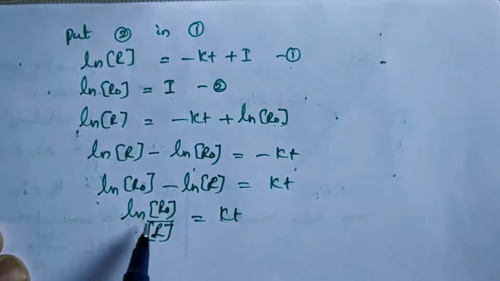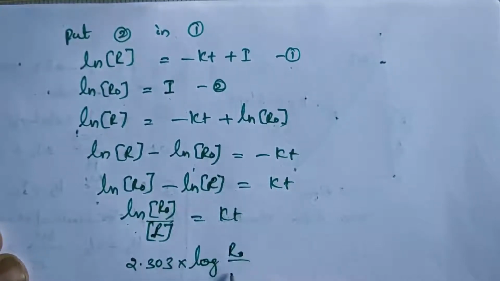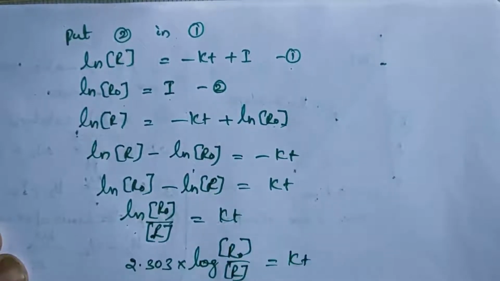This one is in the natural logarithmic form. We will convert into the common logarithmic form by multiplying it by 2.303. That means 2.303 into log R0 by R is equal to kt.